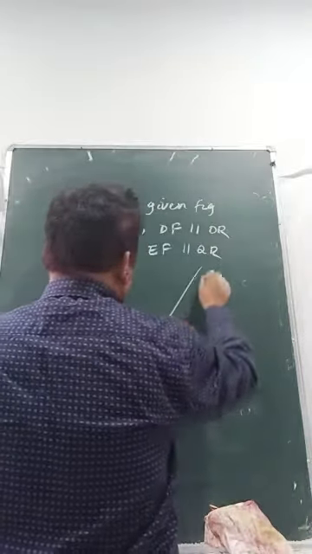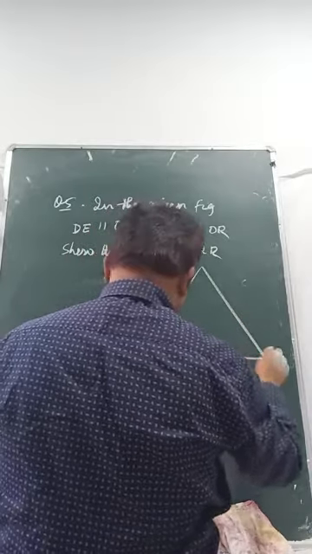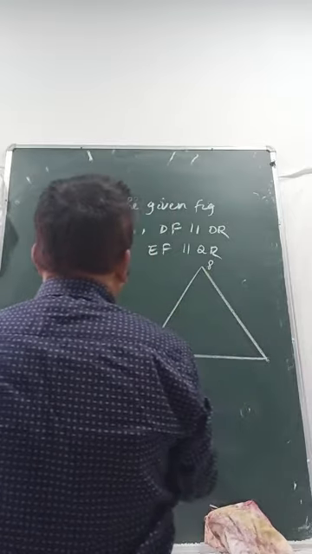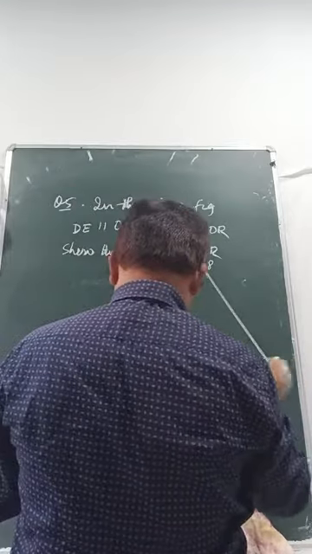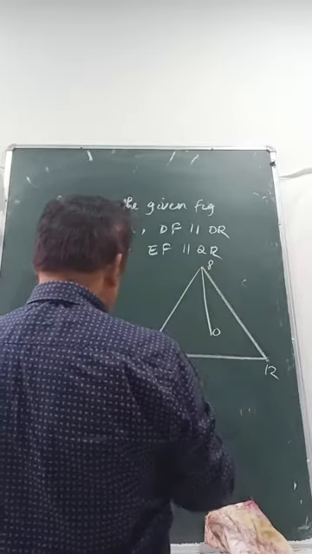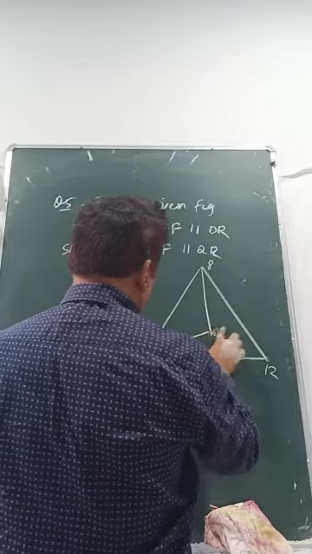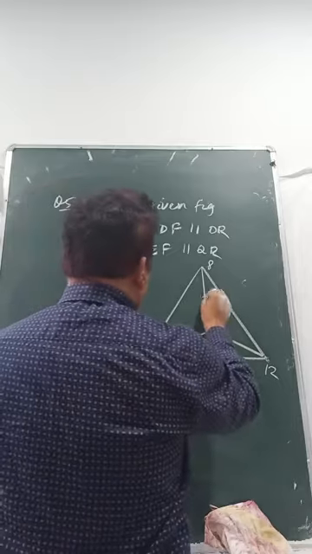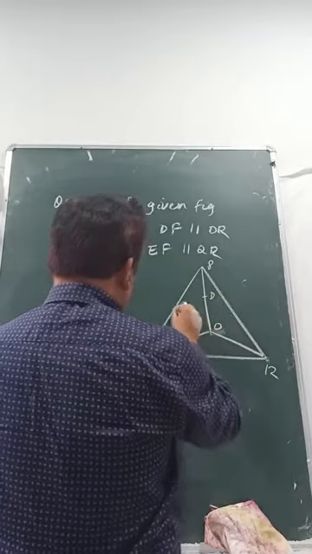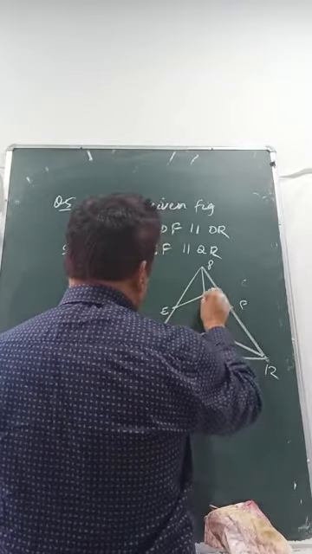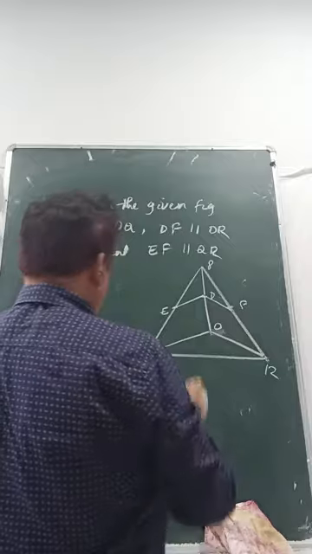Okay, the diagram is given to us. Look at the diagram. This is P, Q, R. This is the point O. This you have to join. Okay. Then there is a point D. There is a point E. There is a point F. You have to join this. You have to join this. Then you have to join this.